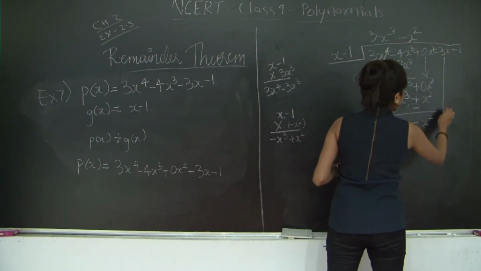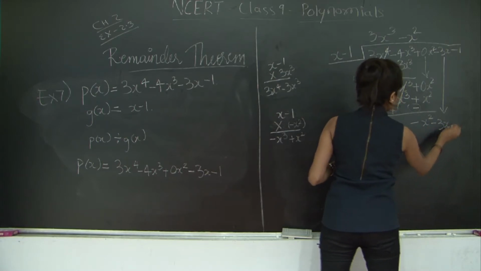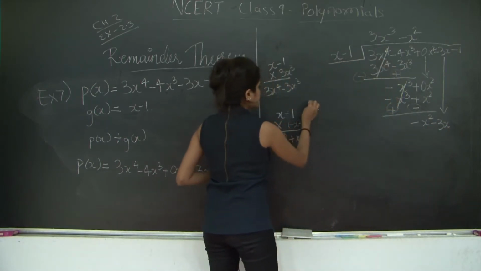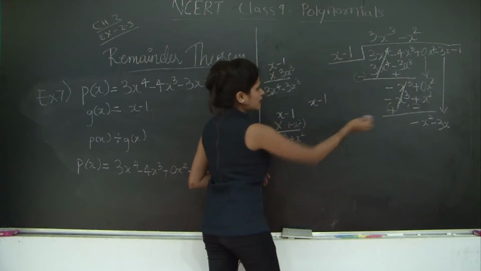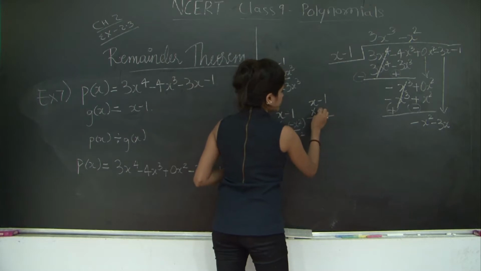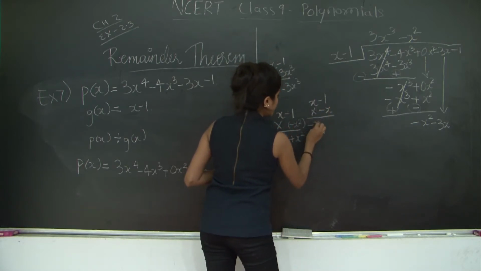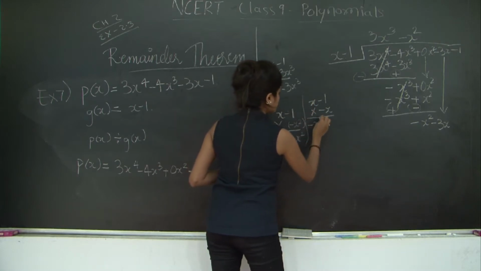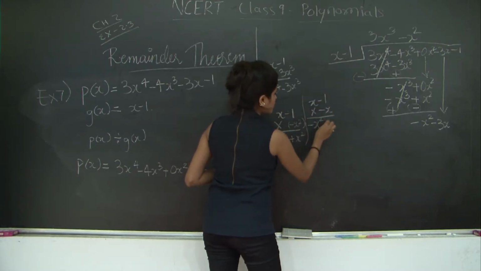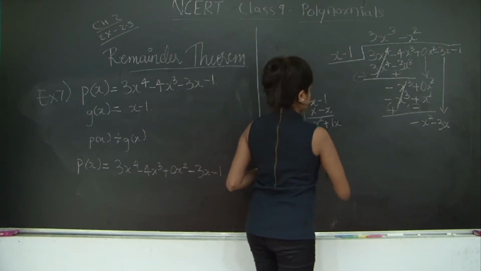I am going to bring down 3x, minus 3x, right. So x minus 1 into what will give me minus x^2? Minus x, right. So minus x into x gives me minus x^2. Minus x into minus 1 gives me plus 1x.